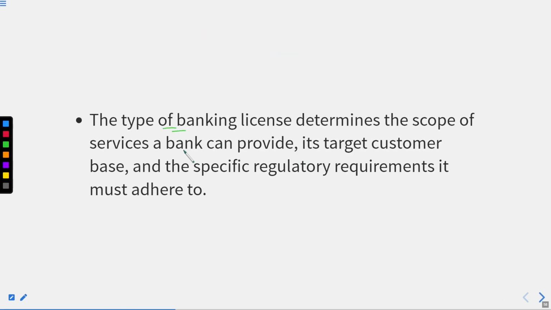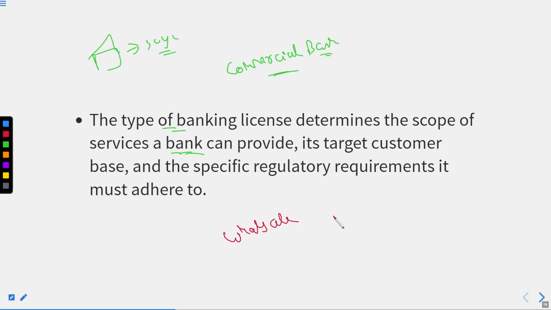The type of banking license determines the scope of services a bank can provide. It means, suppose the XYZ has a license for commercial bank. Okay. So they could not provide the services for wholesale banking. Okay.